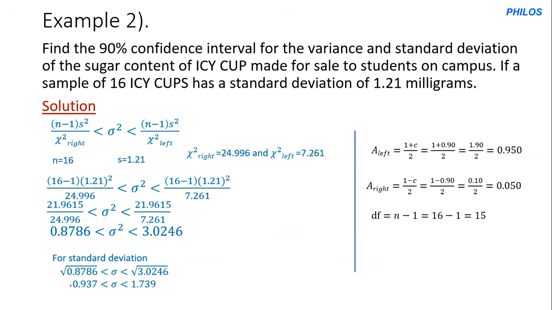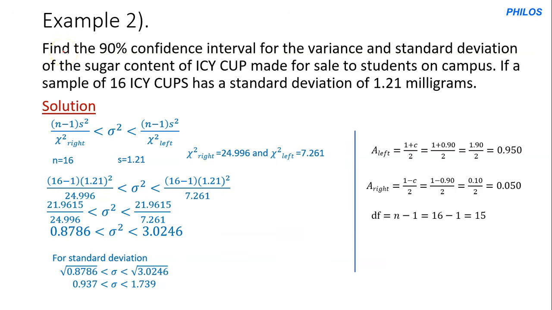And then square root of 3.0246 will give us 1.739. So we can conclude that one can be 90% confident that the population standard deviation is between 0.937 and 1.739. You can leave your answer in 2 decimal places, okay? So this will be 0.94 and this will be 1.74.